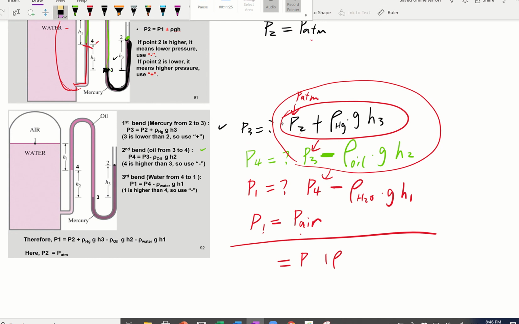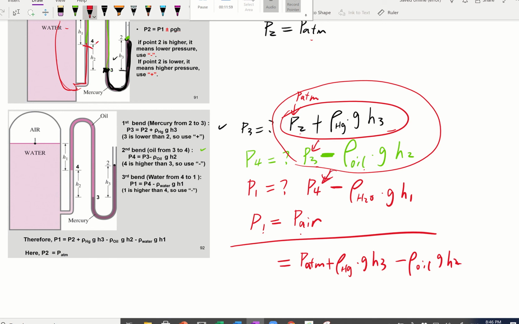It's going to be atmosphere pressure, which is 14.696 psi, that's 1 atmosphere, plus rho mercury g H3, then minus oil g H2, because that's your P3 substituted, and what you got here is your P4.